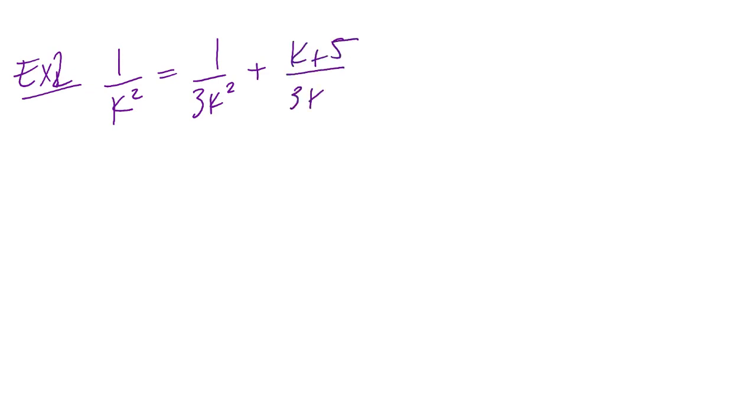All right, let's look at example 2, which is going to be 1 over k squared equals 1 over 3k squared plus k plus 5 over 3k squared. So now, yet again, we need to identify our common denominator, which is going to be 3k squared.